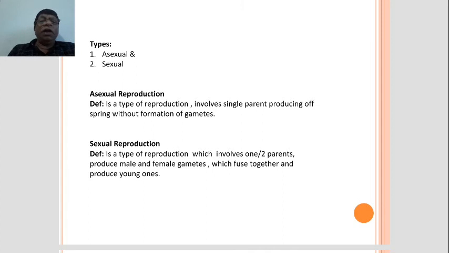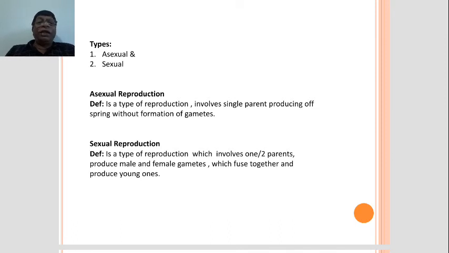It means organisms reproduce asexually or sexually. Okay. Now, what is asexual reproduction? How to define asexual reproduction? Very important for 1 mark.